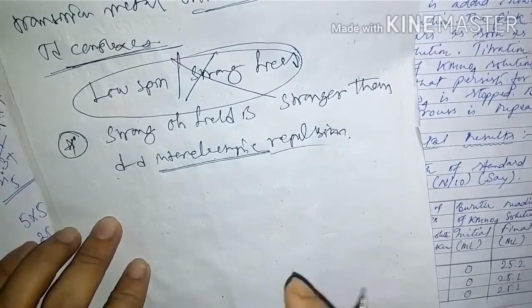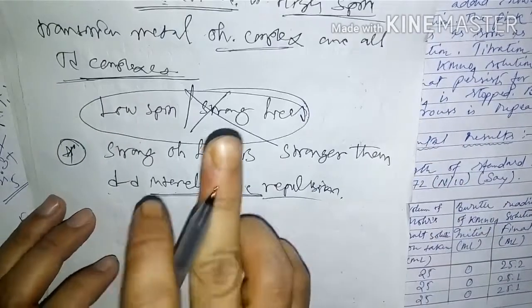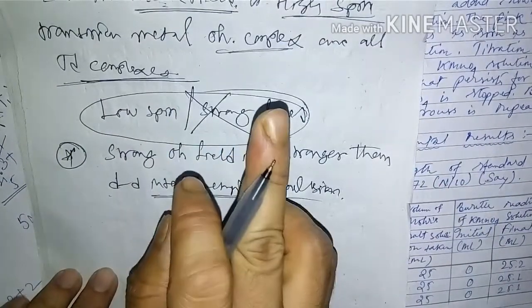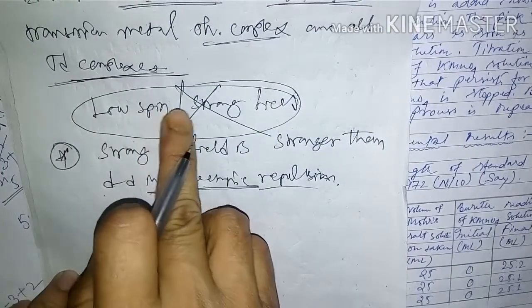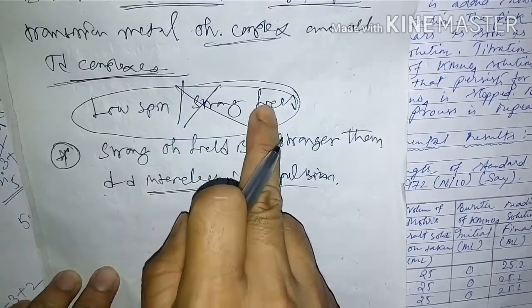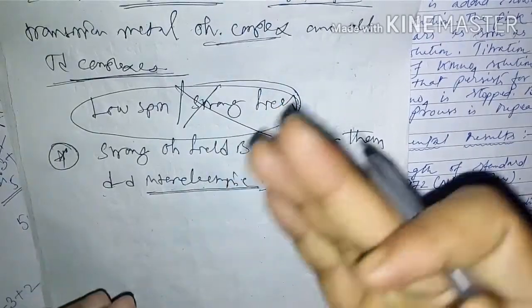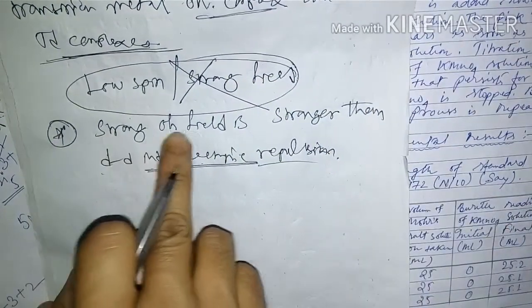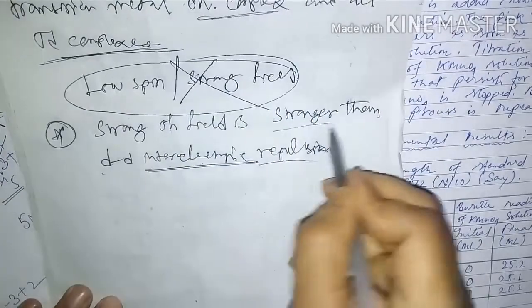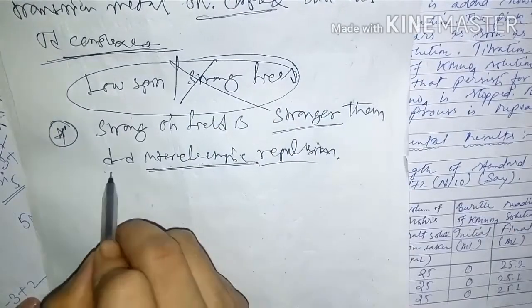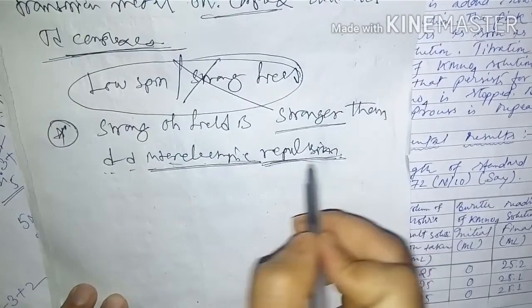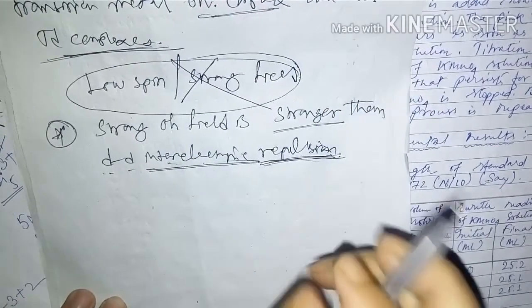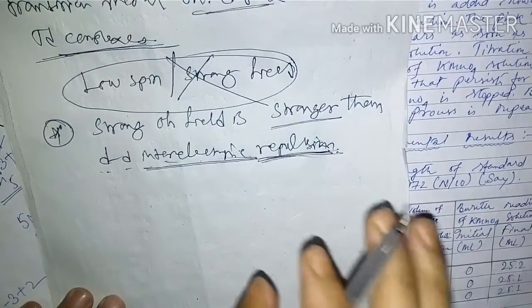So this Orgel diagram cannot be used for low spin or strong field complexes. Why? Because this strong octahedral field is stronger than the interelectronic repulsion. Interelectronic repulsion, understood this one?